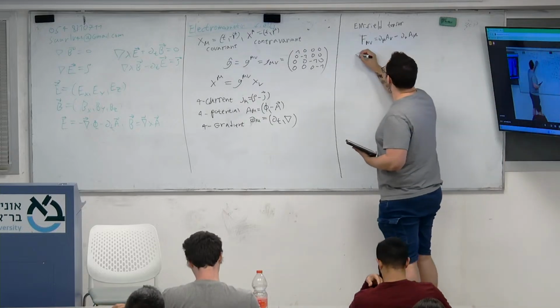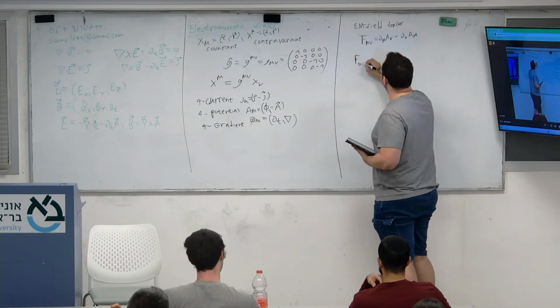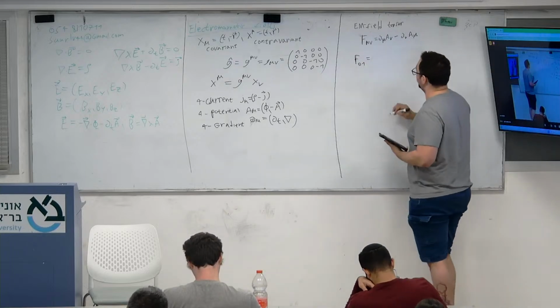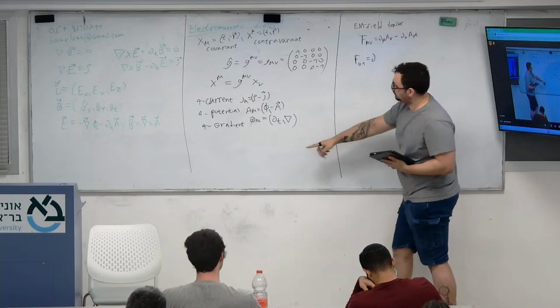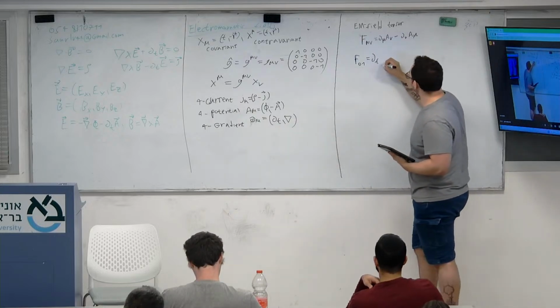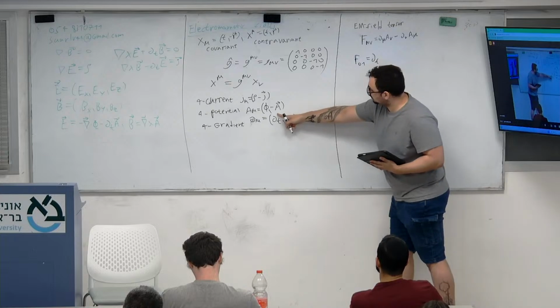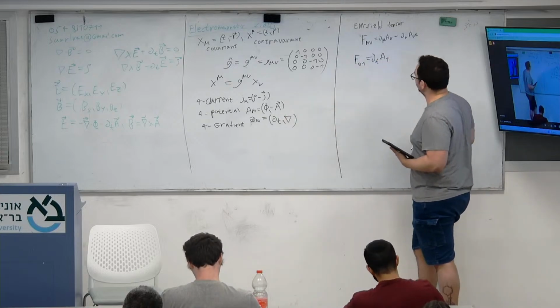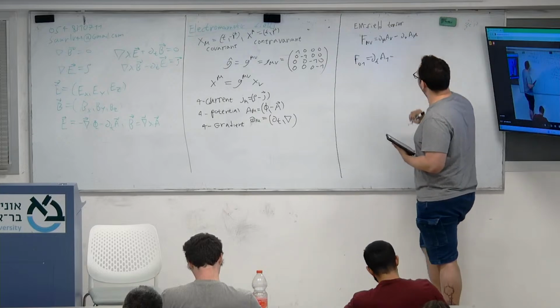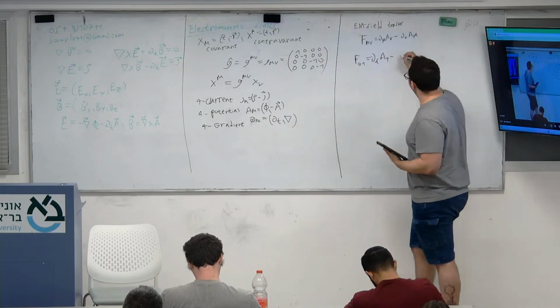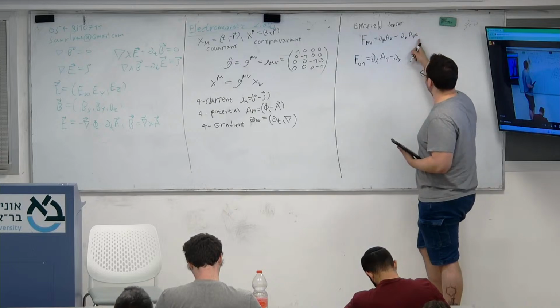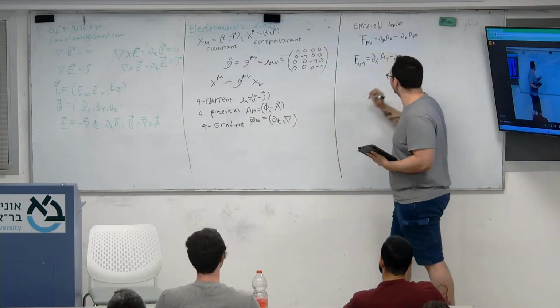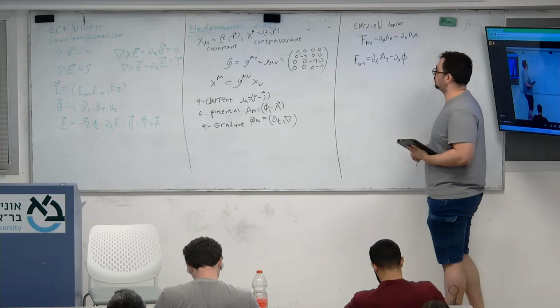All right, so F01 is equal to partial t A1 minus partial x A0, which is V.